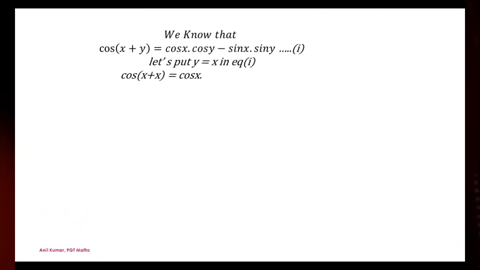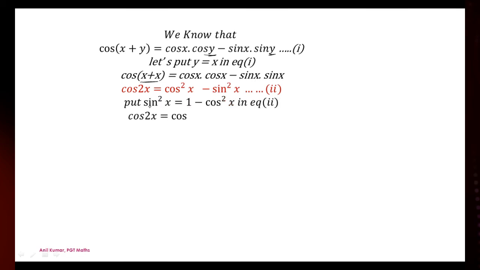So it gives cos(x plus x), that is cos 2x, equals cos x into cos x, cos square x, minus sin x into sin x, sin square x. Now put sin square x equal to 1 minus cos square x in equation 2. If I expand this bracket, the negative becomes positive, so cos 2x becomes 2 cos square x minus 1.